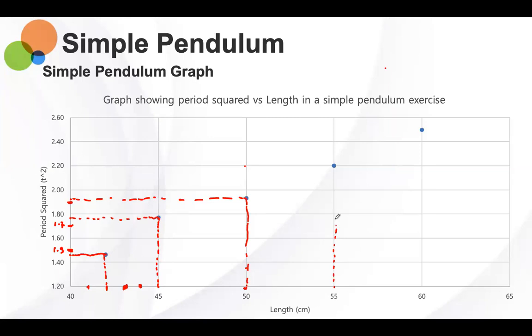We would match it up to this particular point, and we have what over this side? 2.2. So you'd match these two values to make this particular point here. And we'll do this for the other points.